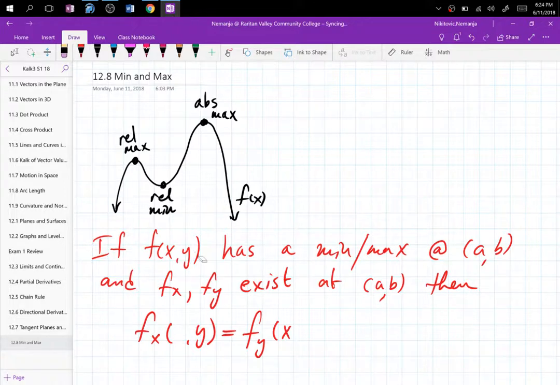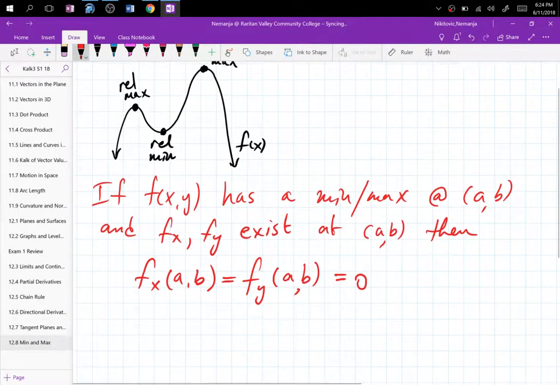Sorry, not x, y, (a, b). You have to compute everything at (a, b). So it is going to equal 0.